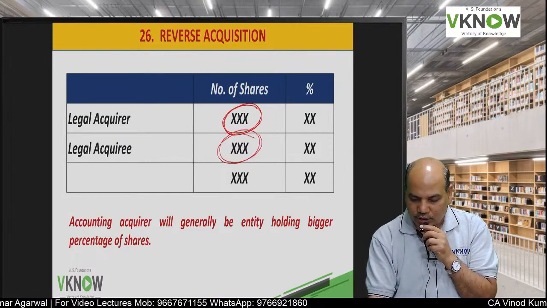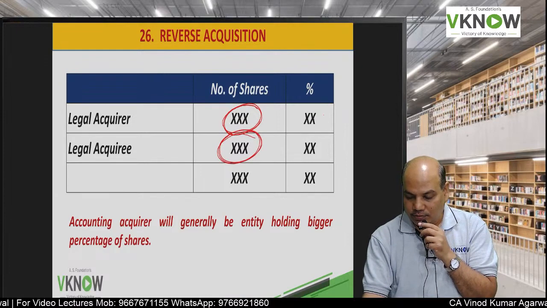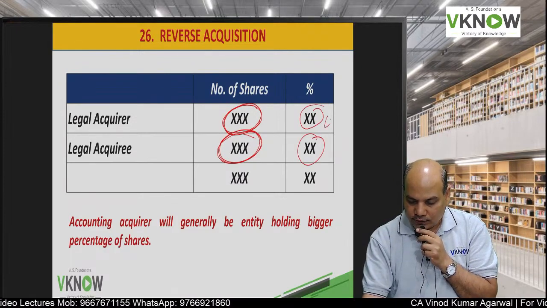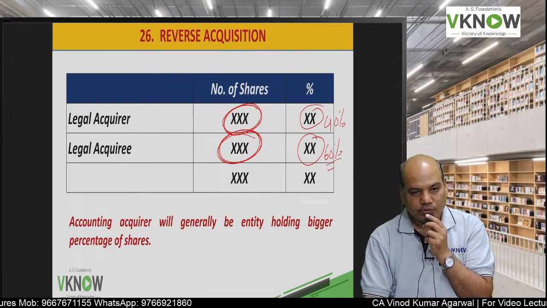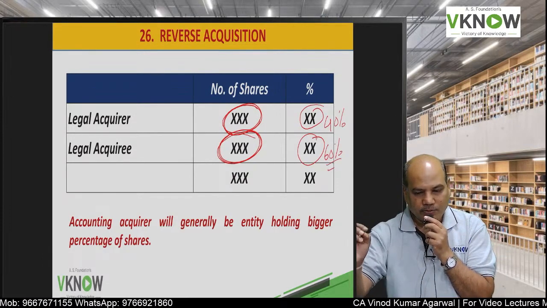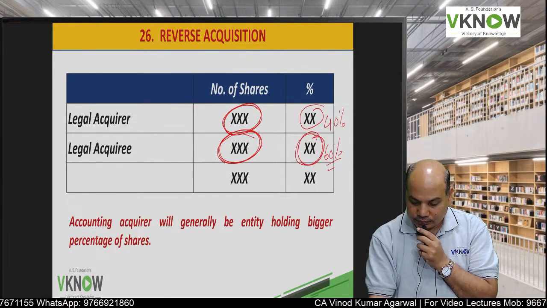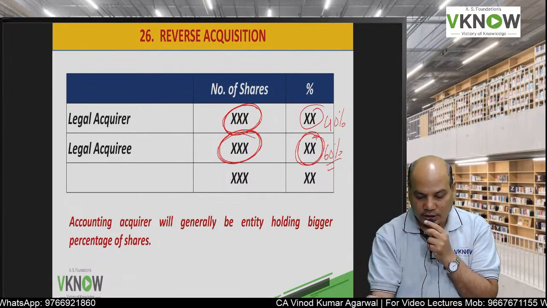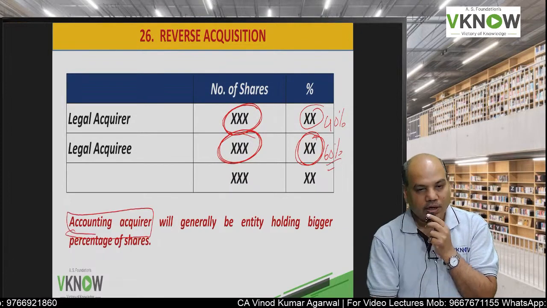I will calculate the number of shares held by the legal acquiree in the merged entity. Suppose this is 40% and this is 60%, the respective shareholding in the merged entity. If the legal acquiree is holding more shares in the merged entity, then that will be called the accounting acquirer.